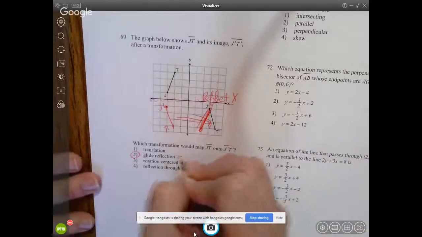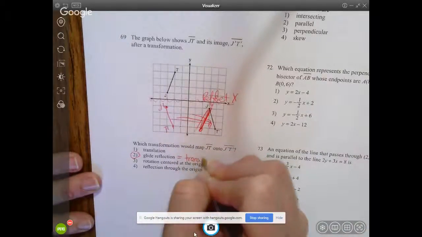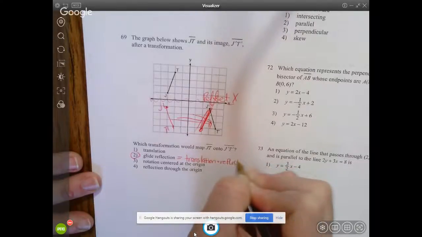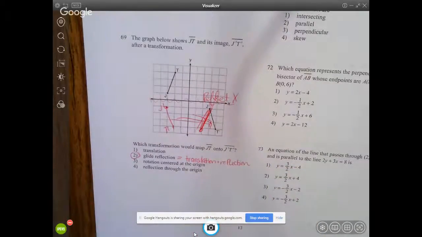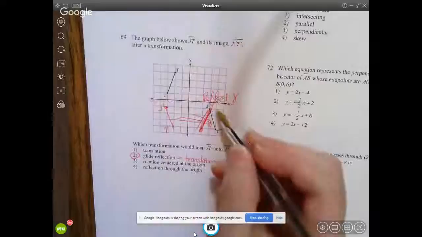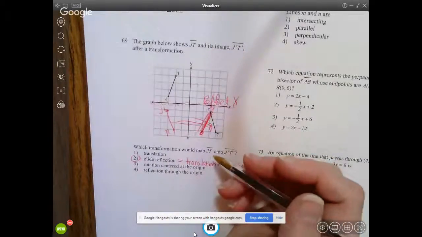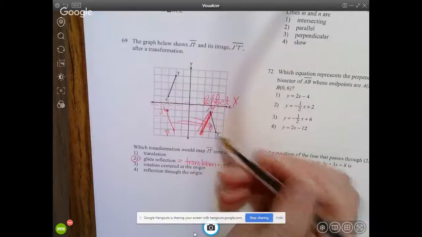So glide reflection is a translation and a reflection in any order. So it's not a glide reflection, it's a rotation. Correct. It's not a glide reflection if there's a rotation. And if it was just point J and there wasn't a point T, it could be a rotation of 180 degrees. But because the T went the other way, that's why it's not a rotation.